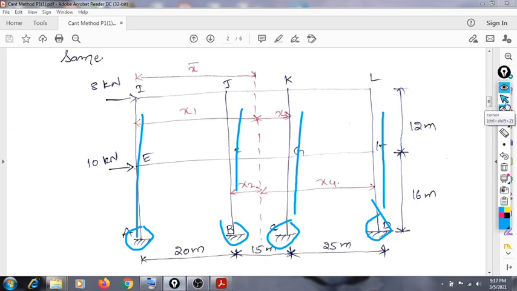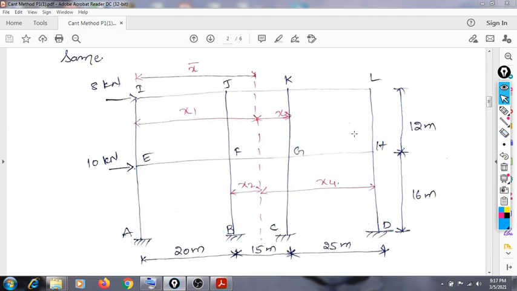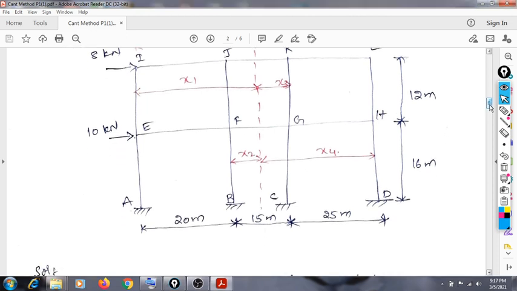Next, look at the horizontal loads, 8 kilonewtons and 10 kilonewtons, that are applied. The distances between the columns are 20 meters, 15 meters and 25 meters.